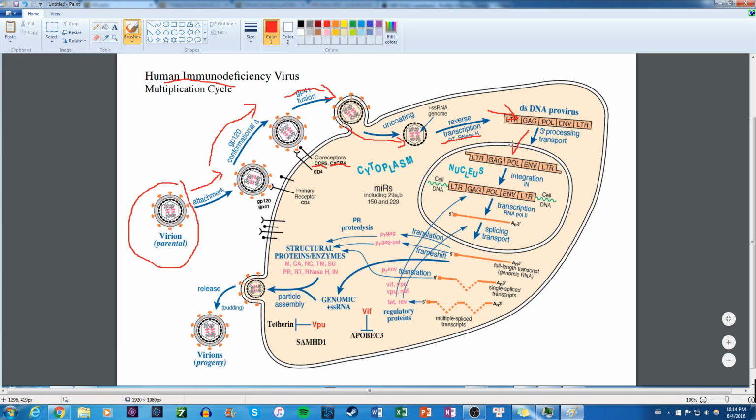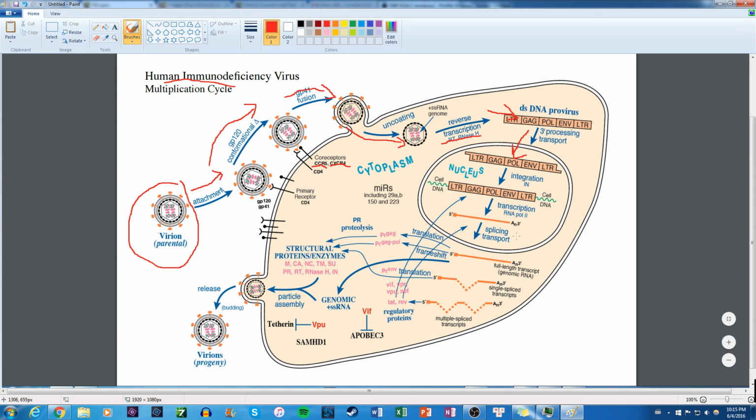So you have the double-stranded DNA, and it goes into the nucleus, again for the same reasons as retroviruses. Only in the nucleus can more of the double-stranded DNA be replicated and so forth. Only in the nucleus can you convert from double-stranded DNA into mRNA.